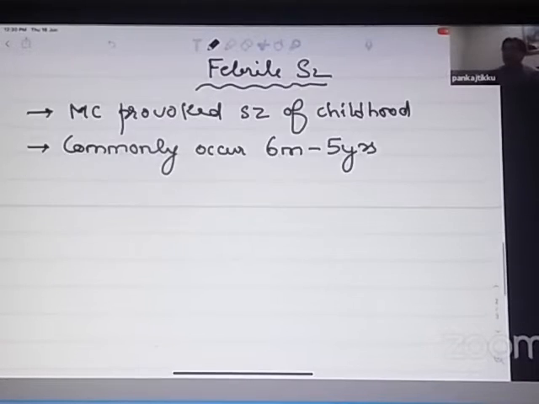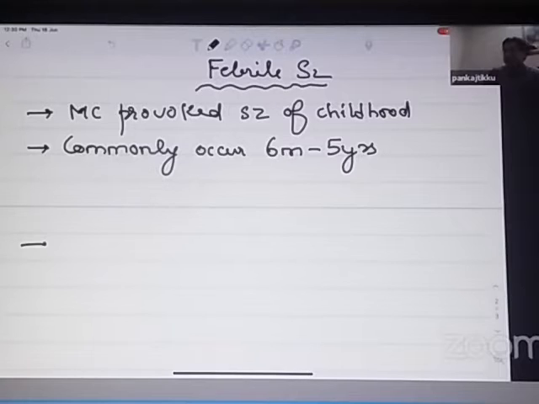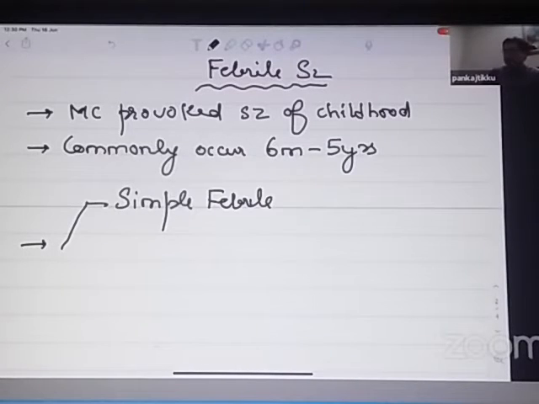Now there is a way of classifying a febrile seizure. Febrile seizures can be either a simple febrile seizure or a complex febrile seizure.